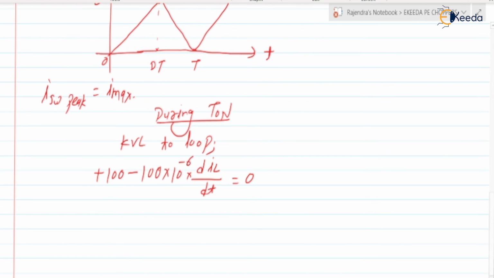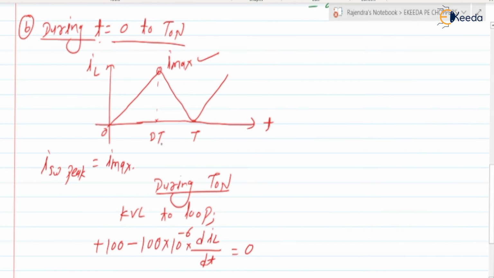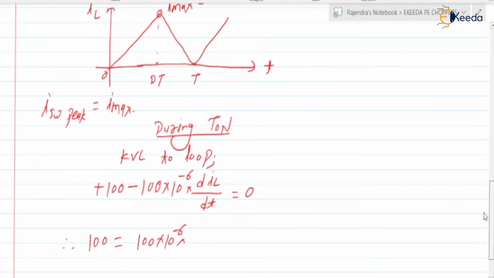Further, this can be written as 100 is equal to 100 into 10 to the power minus 6 into dIL, that is the change in the inductor current. During dT, the change in the inductor current is from 0 to I max. So it is I max only.